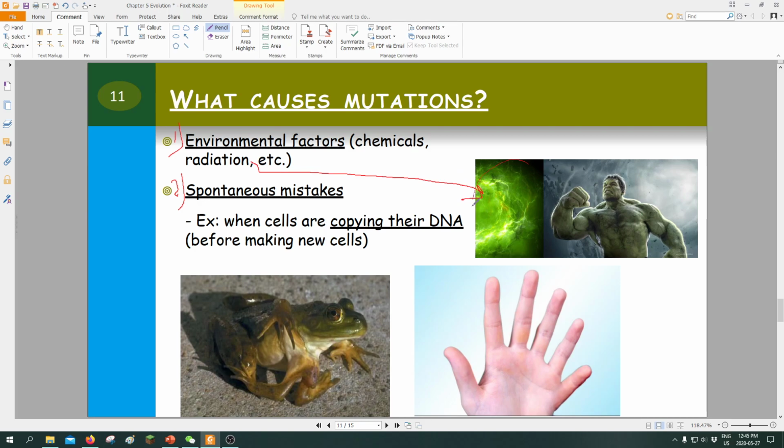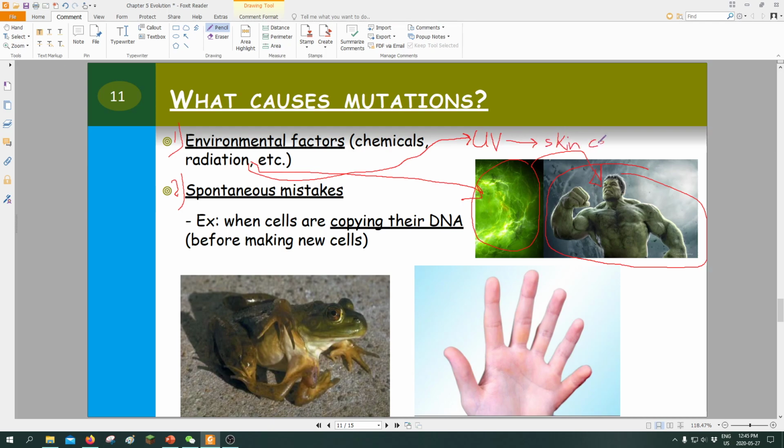Gamma radiation caused the mutation in Bruce Banner, which created the Hulk, and the genetic variability caused the mutation of his traits into making him a very strong Avenger. Okay, so that is one possible, gamma radiation. Or another radiation could possibly be UV radiation. UV radiation from the sun, okay, can cause mutations in skin cells.